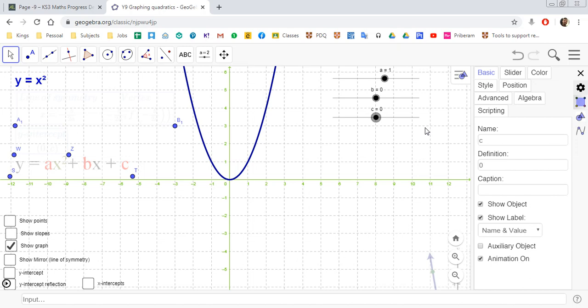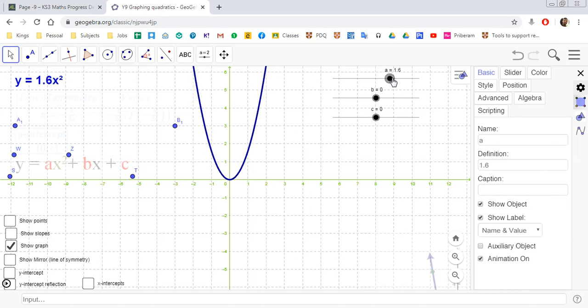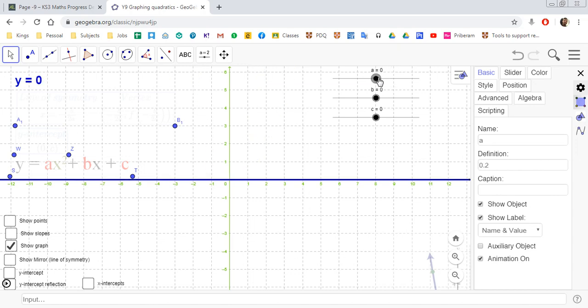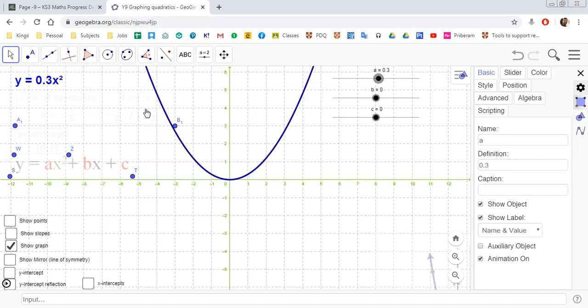Also, if you change the number in front of the quadratic term, you're going to stretch. If you increase the number to more than 1, you're going to stretch the parabola. Or if you put a number between 0 and 1, like 0.5 or 0.3, the parabola is going to be more flattened, more open.